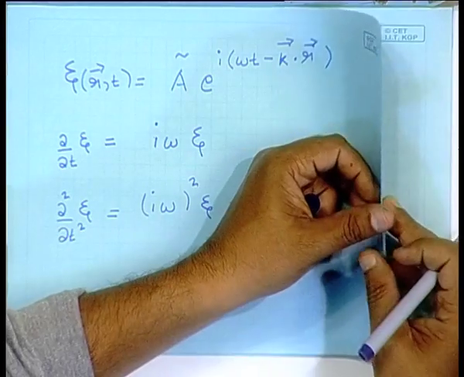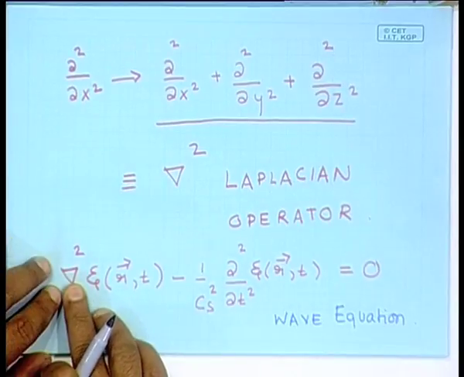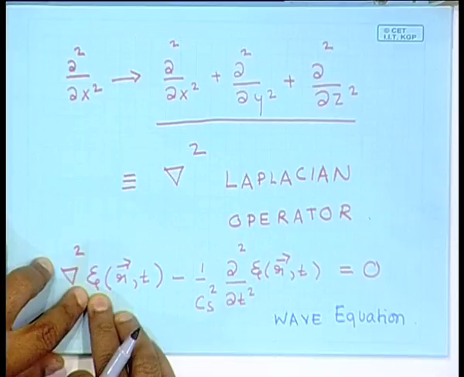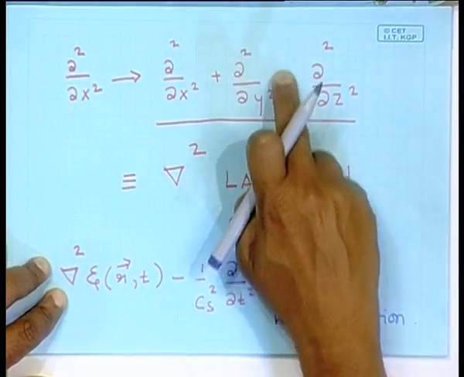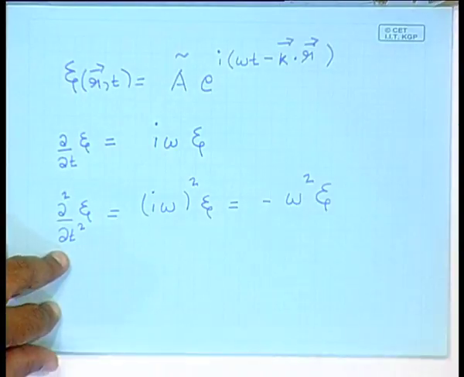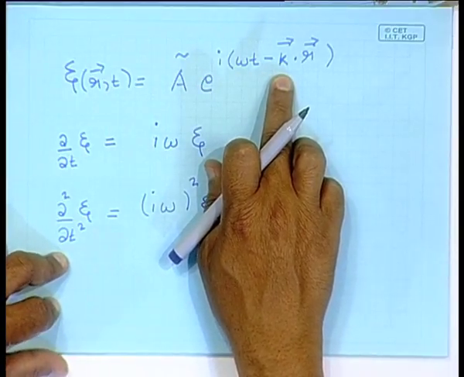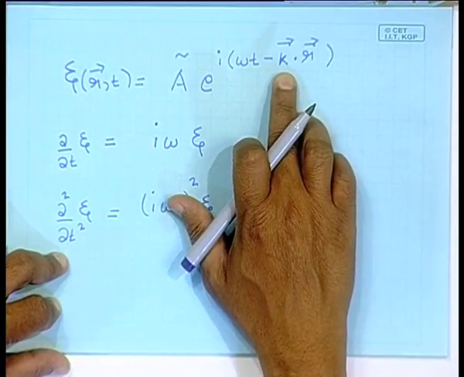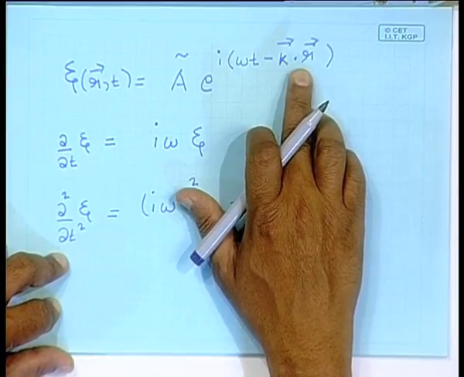Similarly, we have to also consider the action of the Laplacian operator on this function xi. Now, the Laplacian operator has two derivatives with respect to x, two derivatives with respect to y, and two derivatives with respect to z. If we differentiate this with respect to x, what happens? That is the question. Now, remember that the wave vector k will have three components, kx, ky, and kz.